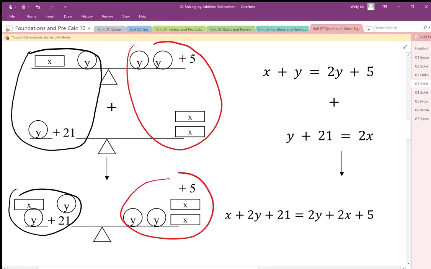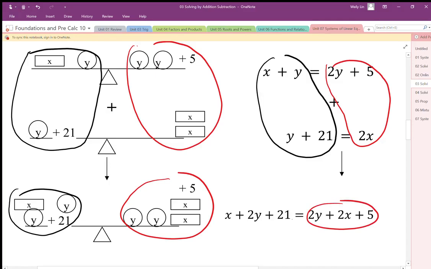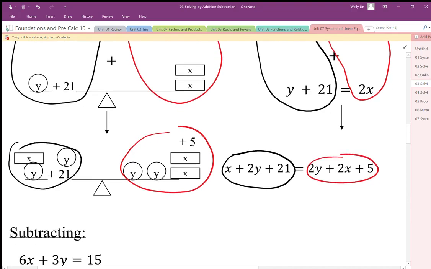So basically we're just adding together the right hand sides to get the right hand side here, and adding the left hand sides to get the left hand side here. And since the two balances were balanced to start with, the new equation must be balanced.